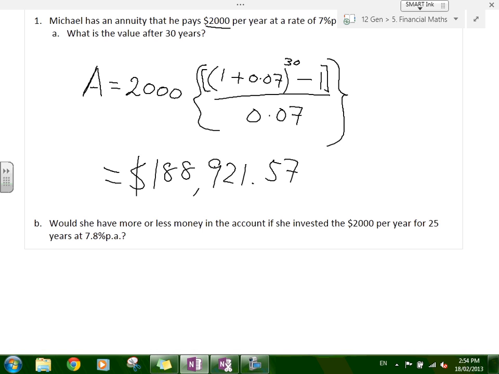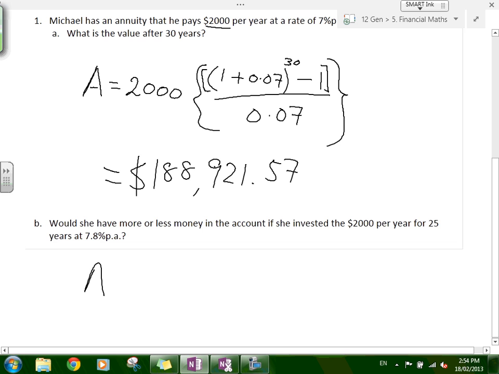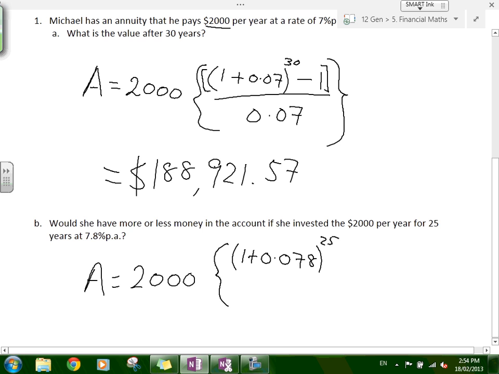So you've got to work it out again and see if you get more or less. So A equals 2,000 times 1 plus 0.078 to the power of 25, minus 1, over 0.078.